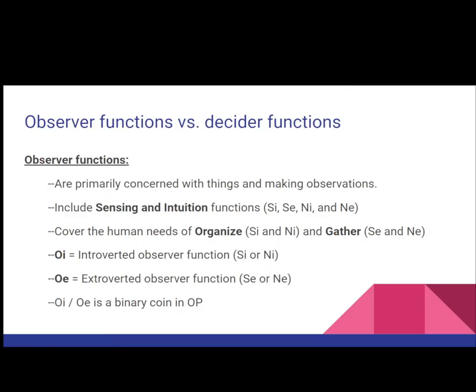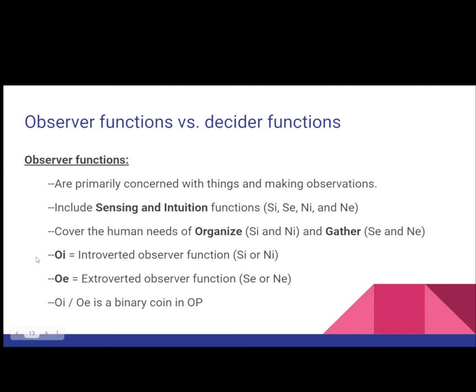So functions can be divided into observer functions and decider functions. The observer functions are those that are primarily concerned with things and making observations. It includes the sensing and the intuition functions, SI, SE, NI, and NE.